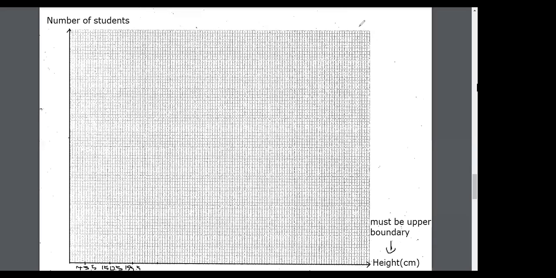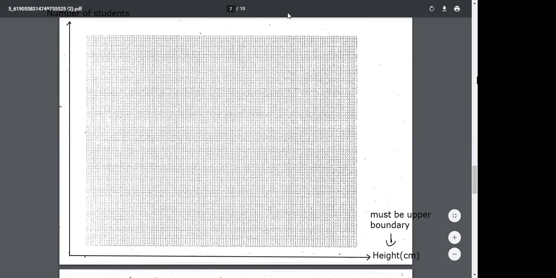Okay, so from what Mr. Lee said, you can see that with a zigzag line or without a zigzag line, both are fine. So for starters, you don't use the zigzag line first. You start from 0 and go straight to 145.5.